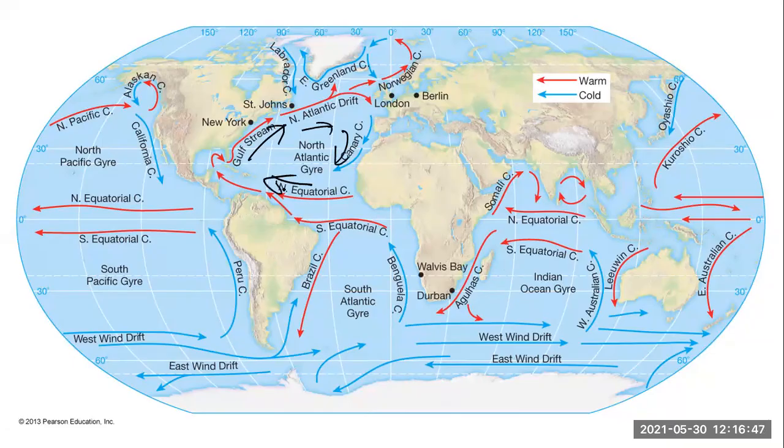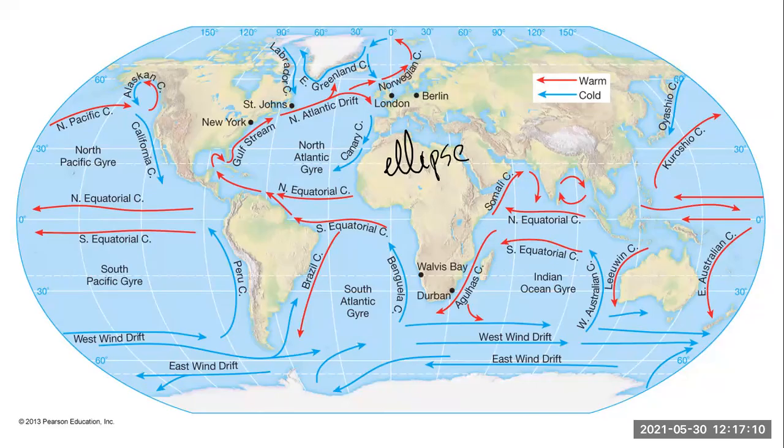These current systems together create almost a circular or elliptical shape. Such elliptical loops of current systems circulating in the ocean basins are called a gyre system.